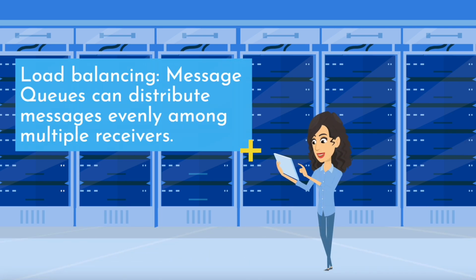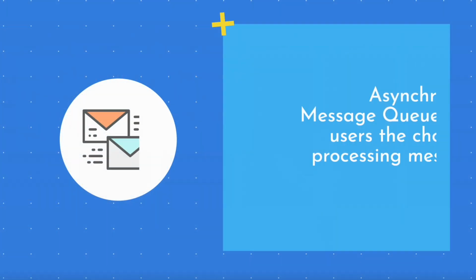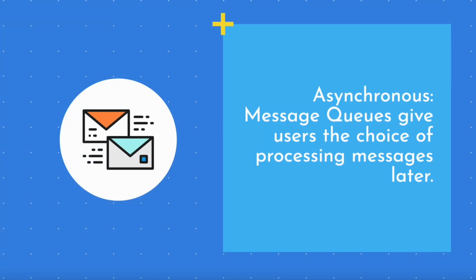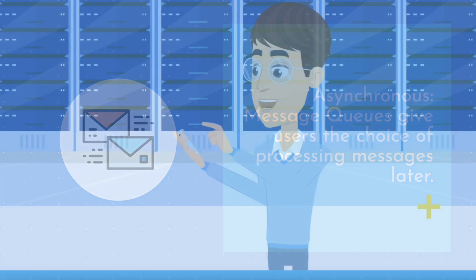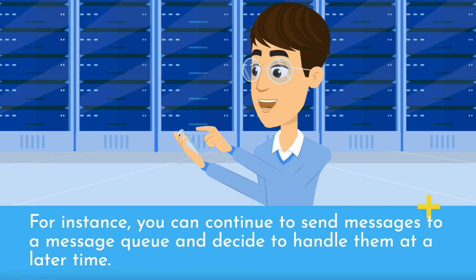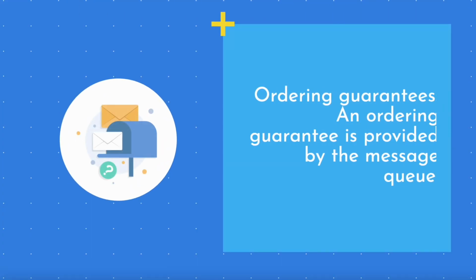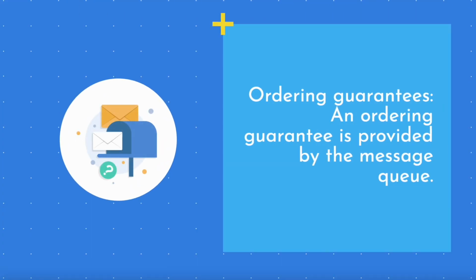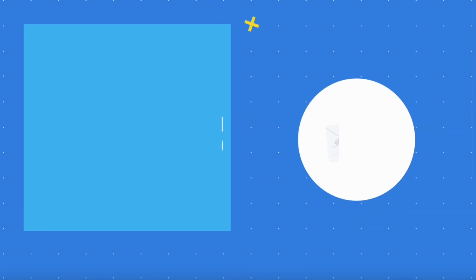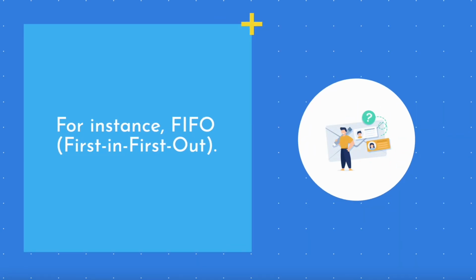Load balancing. Message queues can distribute messages evenly among multiple receivers. Asynchronous. Message queues give users the choice of processing messages later. For instance, you can continue to send messages to a message queue and decide to handle them at a later time. Ordering guarantees. An ordering guarantee is provided by the message queue. For instance, FIFO, first in first out.